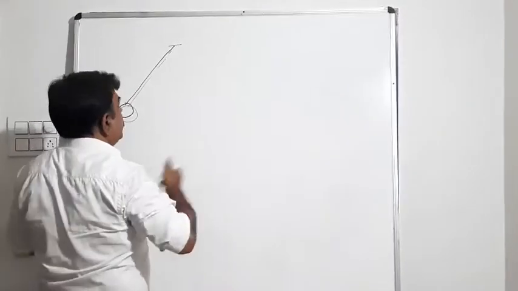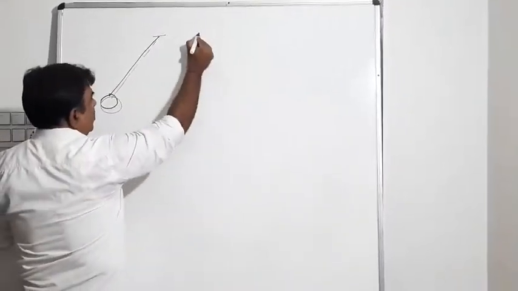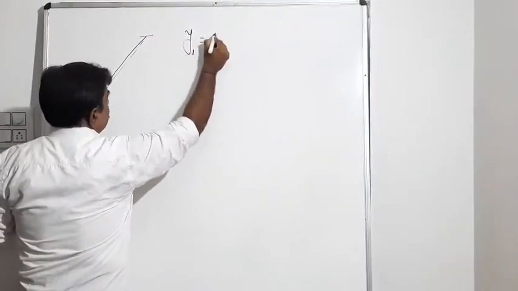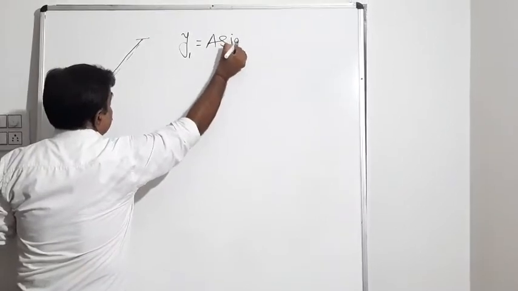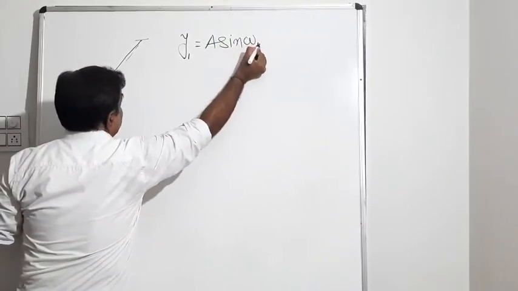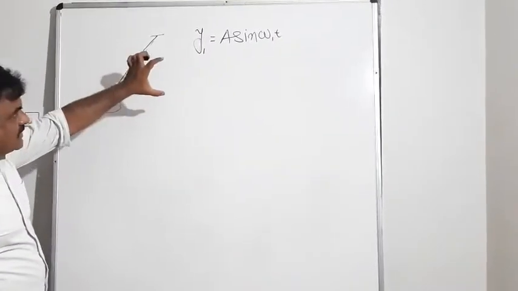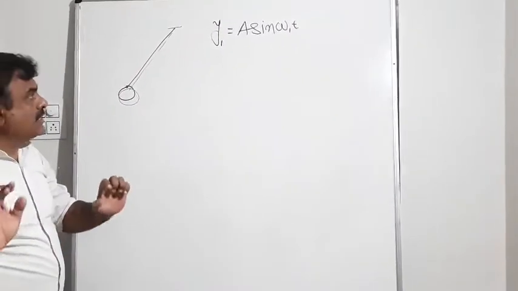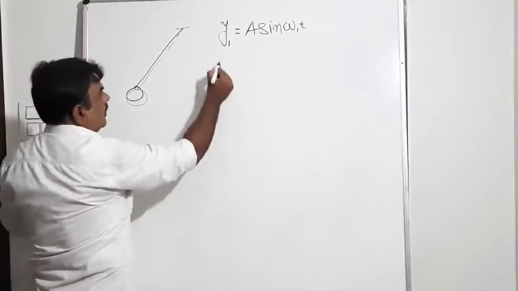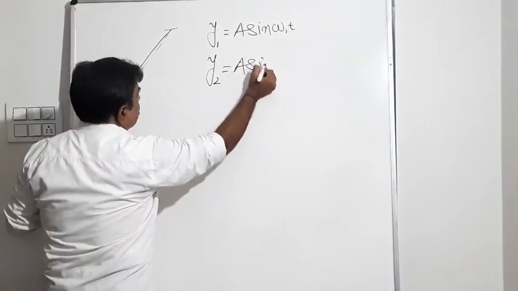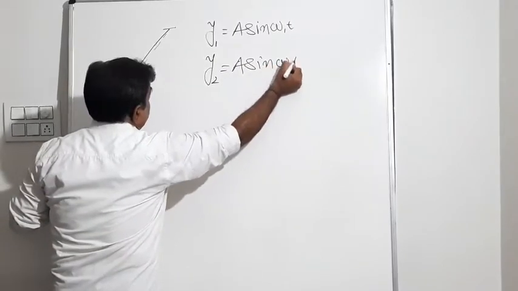Now, the first SHM I am representing as y1 equals a sine omega 1 t. And the second, y2 equals a sine omega 2 t.